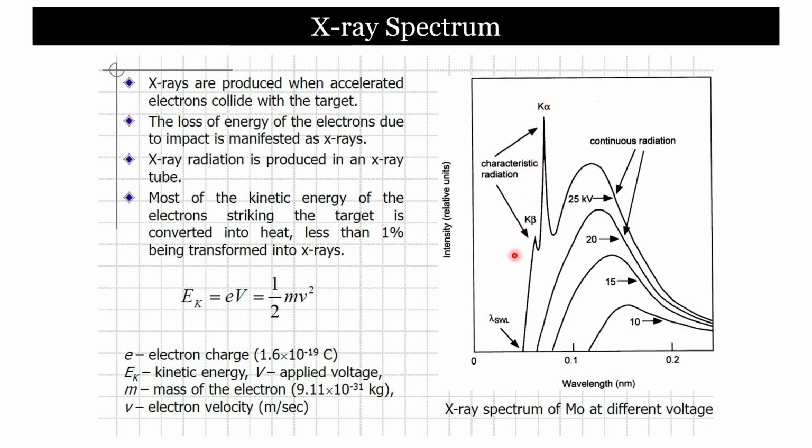These are known as the characteristic radiations. And there is a certain wavelength before which the intensity is not there even at higher kV, and that wavelength is known as lambda SWL, the short wavelength limit.